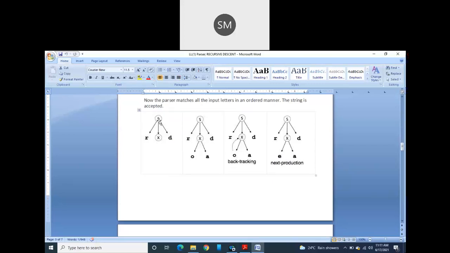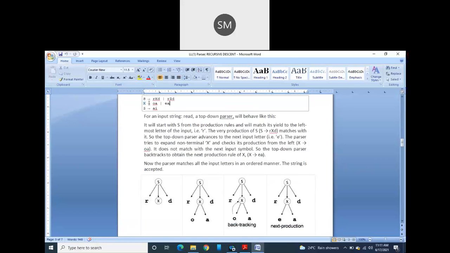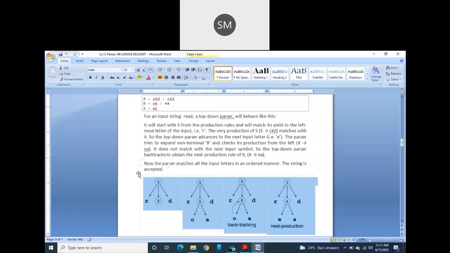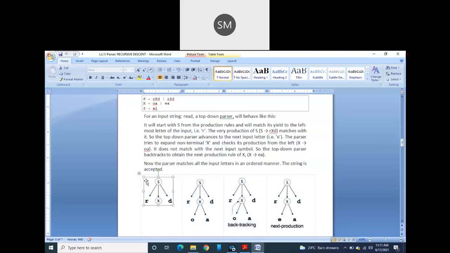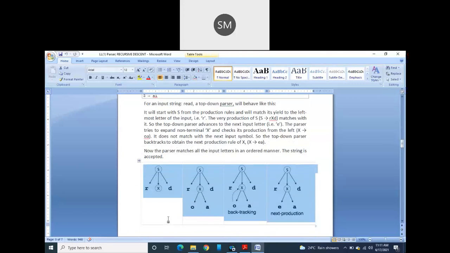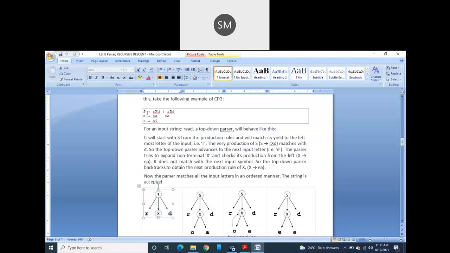Here I am going to show you that capital S is the start symbol. You can observe this grammar with these diagrams. In this diagram, capital S is RXD, because you have selected RXD.